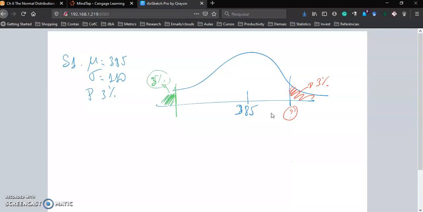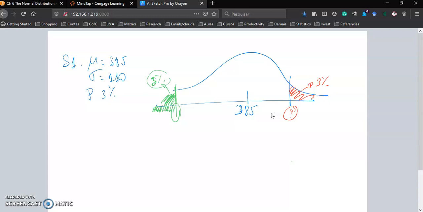3% takes some time for me to draw until we get here. So if I type 0.03 in Excel, Excel is going to give me the value that gives me the probability up to this point here, okay, which is not what we want. So to be able to get this 3% in the upper tail, this is the tricky part that you have to pay attention to.